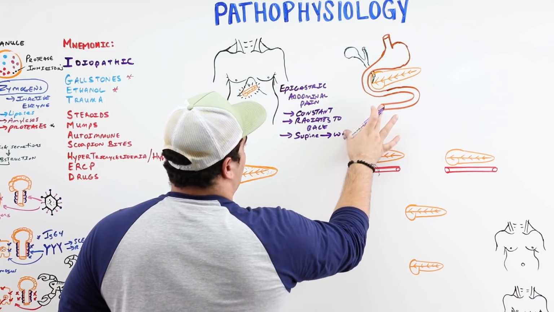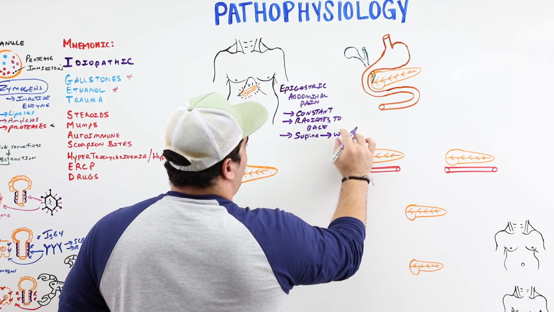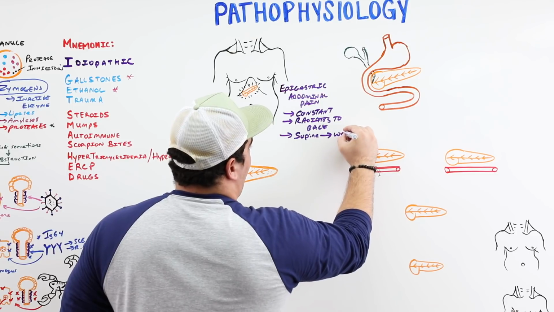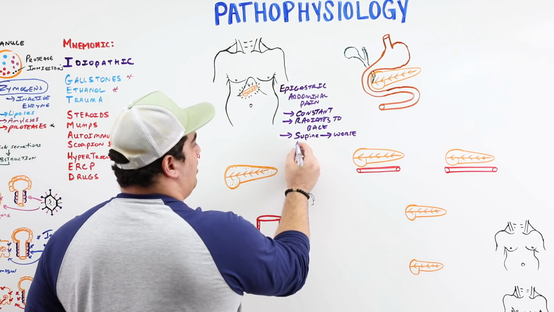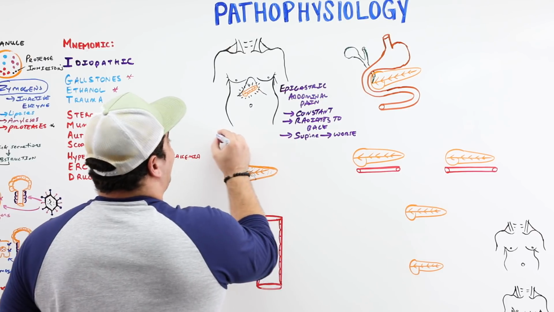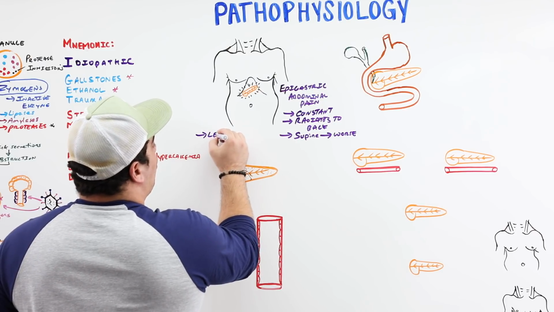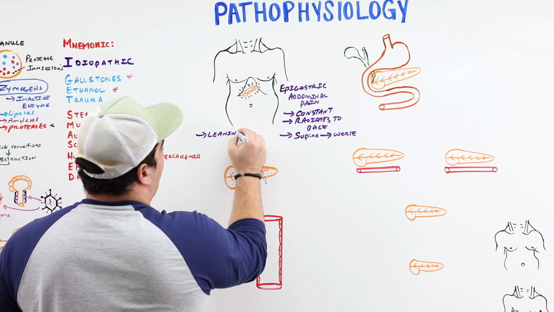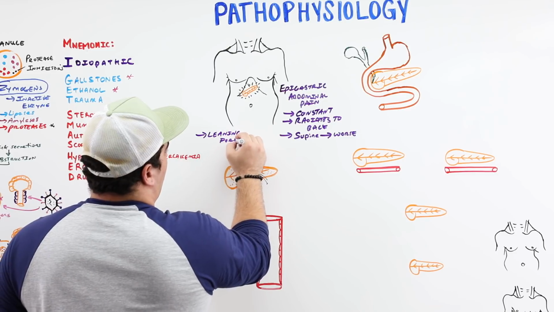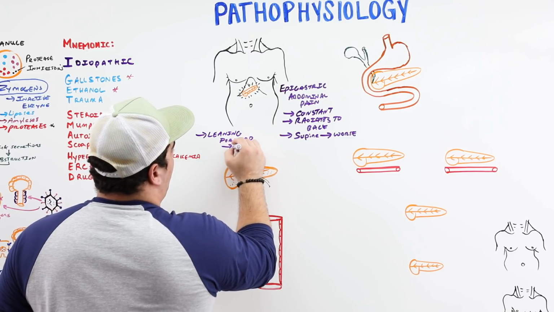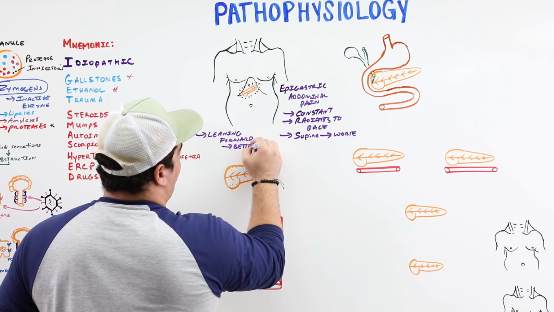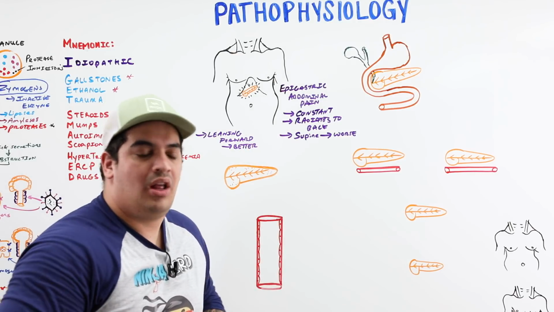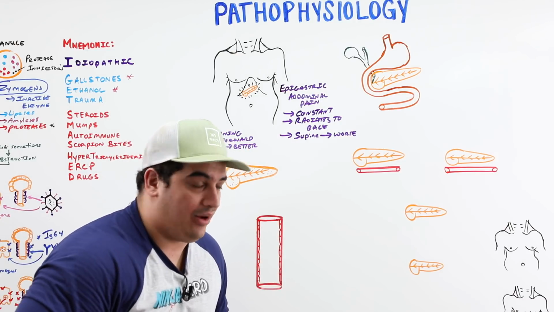So that's one of the big things you can remember: laying supine causes the pain to become worse. Whereas if you're leaning forward, sometimes they'll kind of lean forward. This will make the pain much, much better, and it just feels a little bit more comfortable, less stretch on that area of the pancreas.